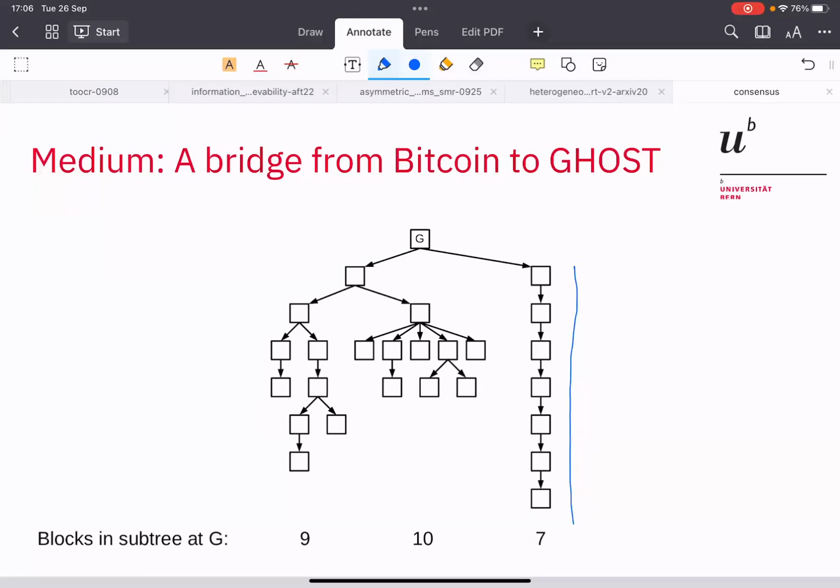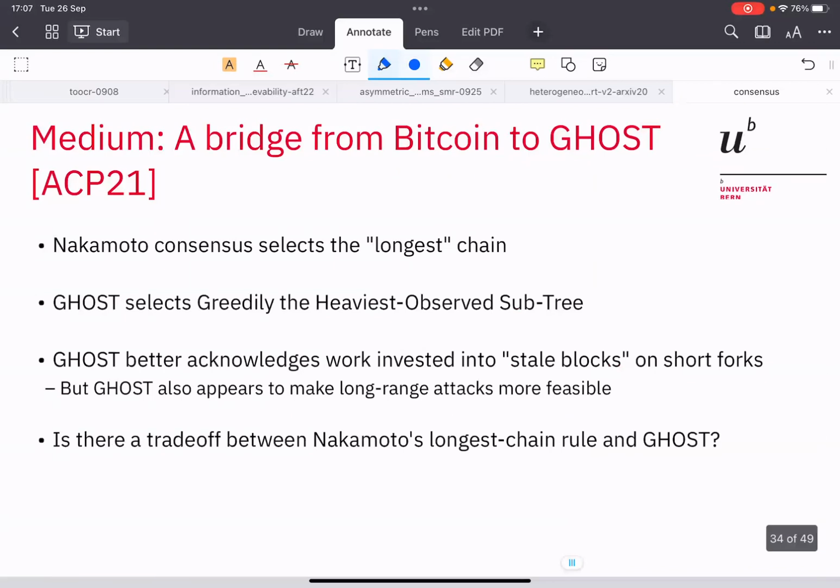However, if you are trying to make the protocol faster, then there will be blocks that are produced at the same time, roughly like this. Early on already, 2013 or so, a rule called Ghost was proposed that would select the blocks differently. This Ghost rule would select blocks according to the heaviest subtree that you can observe from where you sit in this tree.